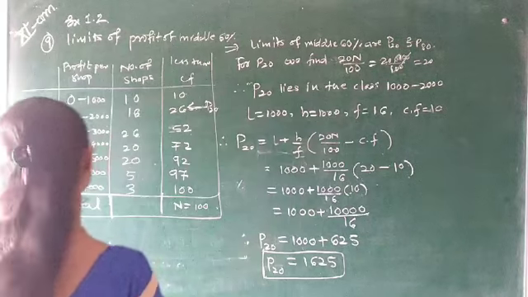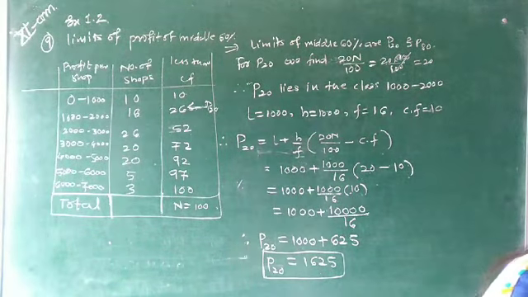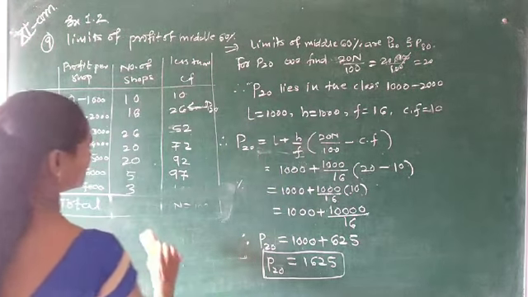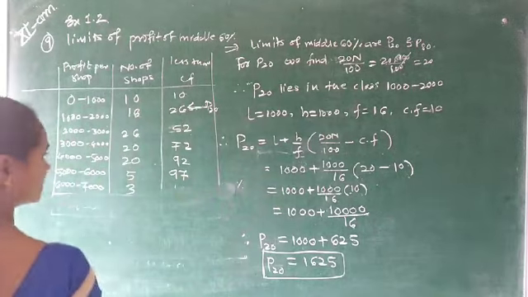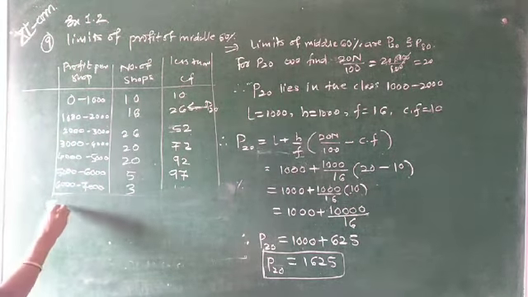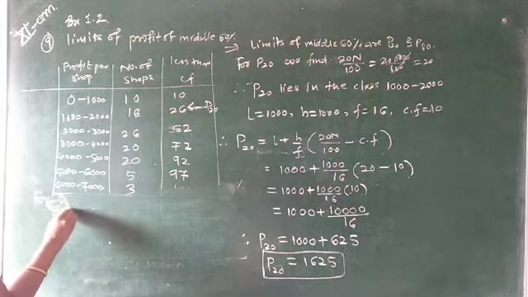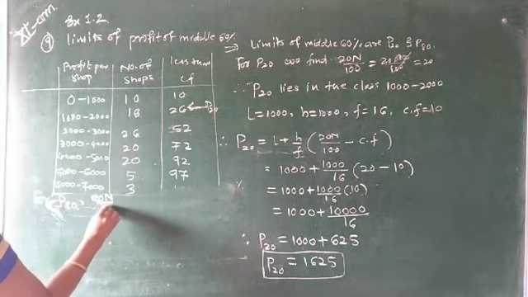Now we are going to find the next value, that is P80. First I have to find the class in which P80 lies. That means for P80, 80n divided by 100.